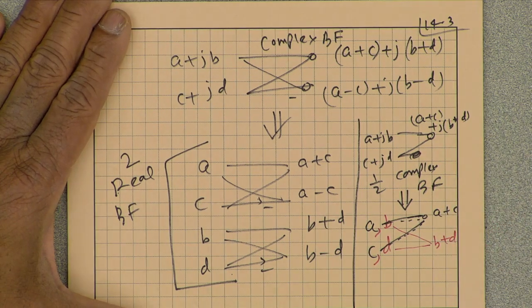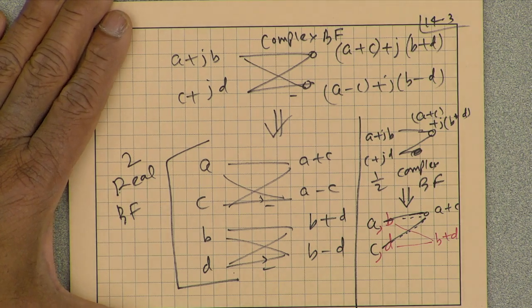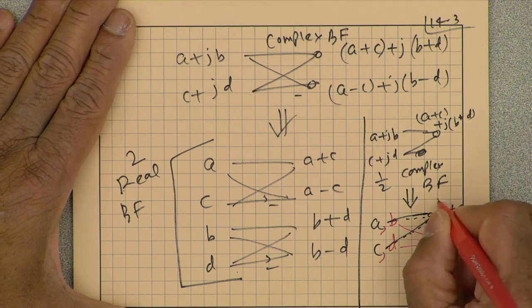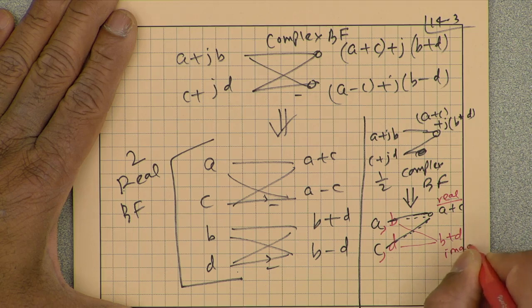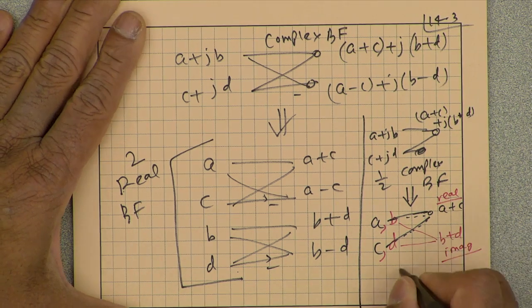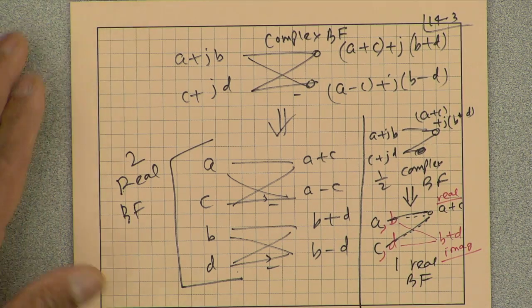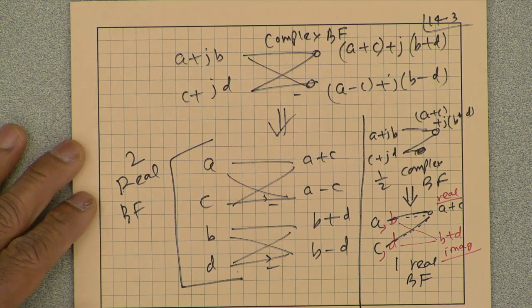So the data path, or the circuits that you are designing, don't really keep track of who is real and who is imaginary. So you have to keep track of what is going on when you compute. That's the real part, and this is the imaginary part. So think of this as equivalent to one real butterfly. Half a complex butterfly is equivalent to one real butterfly.